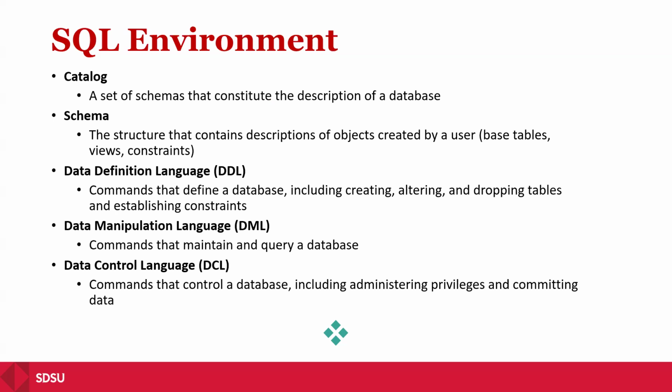For example, if we're dealing with a database that has a lot of financial information for the company, we can group order processing in one schema. We can group customer or client processing in another schema. In this way, the schema that has order processing will probably include invoices, list of product prices, and so forth.